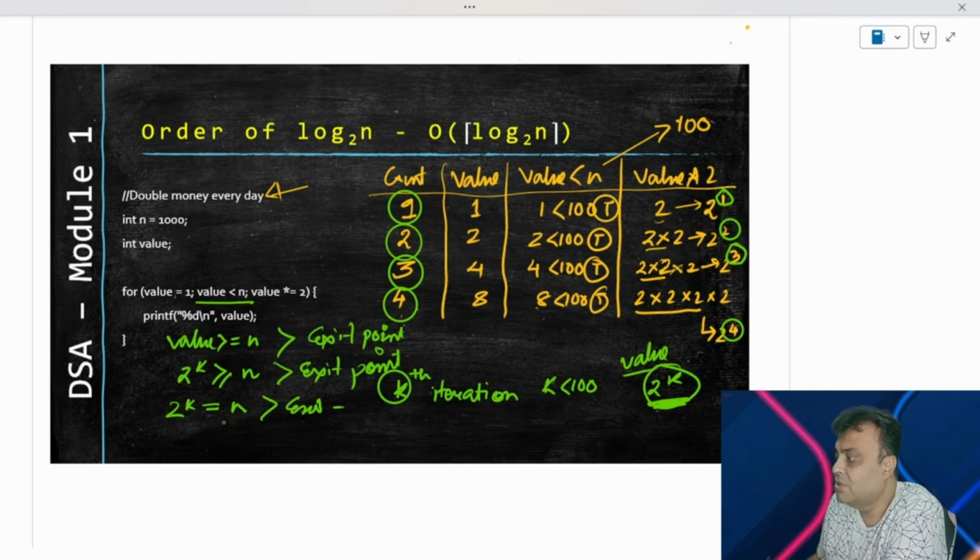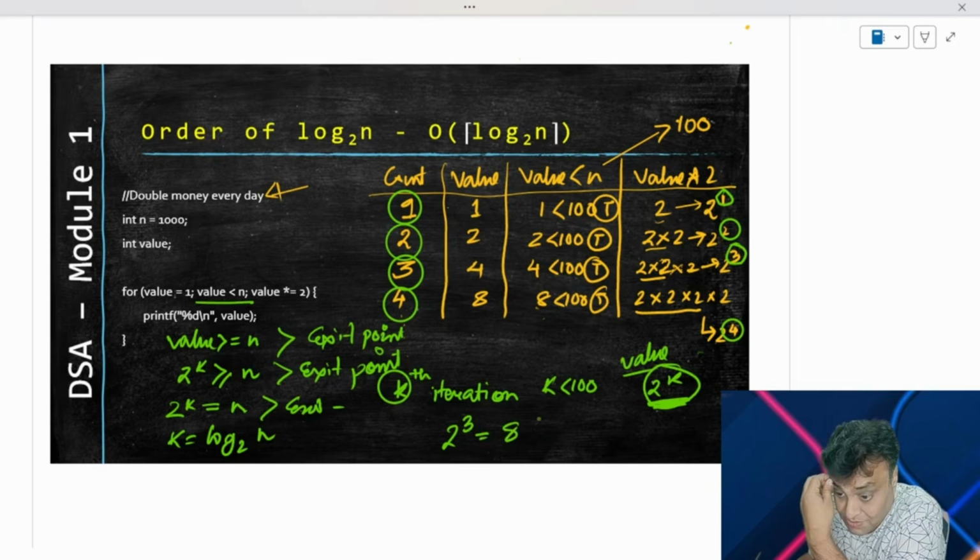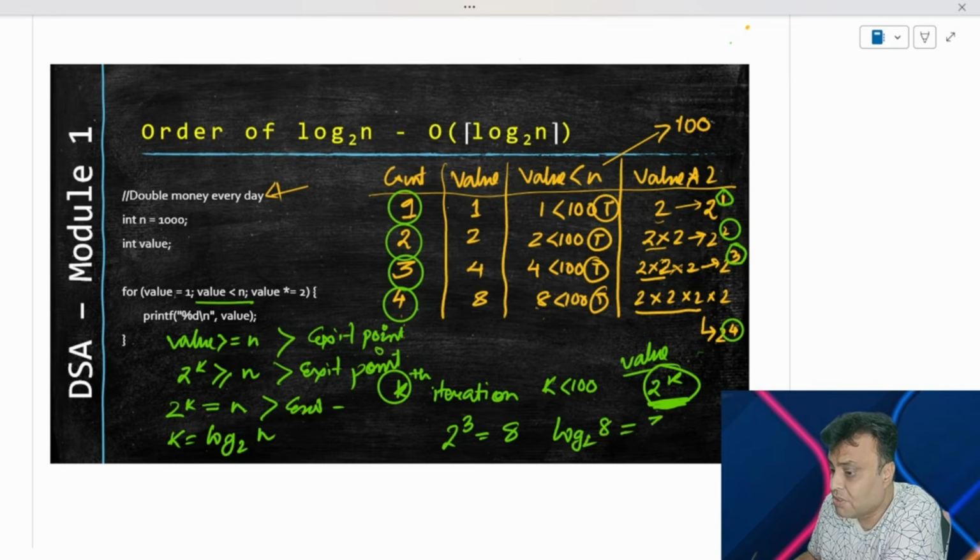And 2 to the power k equal to n means what? It means that we are looking at k as log base 2 of n. Why? Because 2 to the power 3 is 8, which means that log base 2 of 8 is equal to 3, right?